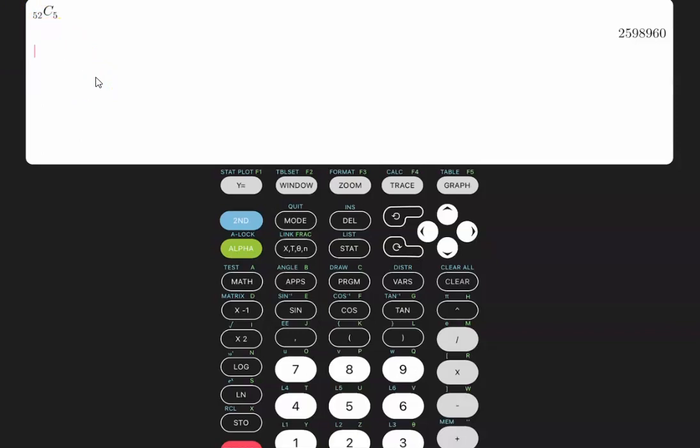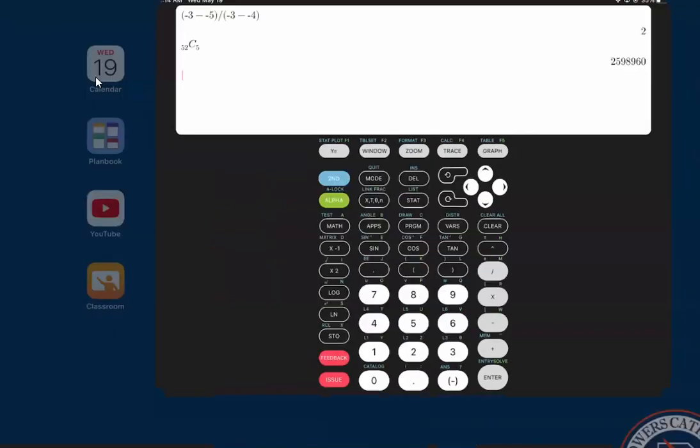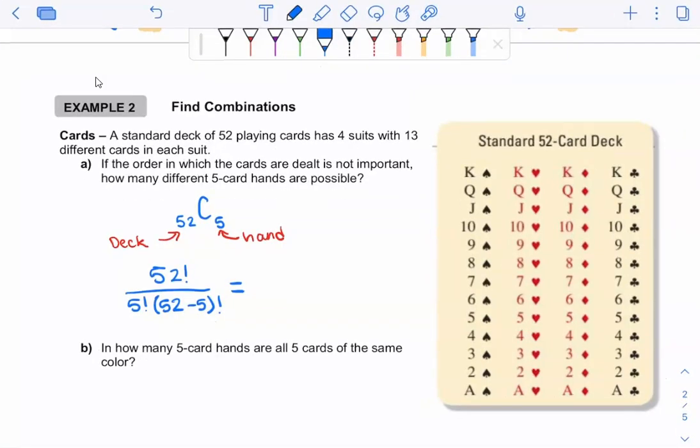If you have a newer calculator where it gives you the subscript, then you don't have to worry about that. So we know the answer now is 2,598,960, which is pretty incredible. There are 2,598,960 different 5-card hands in a 52-card deck.